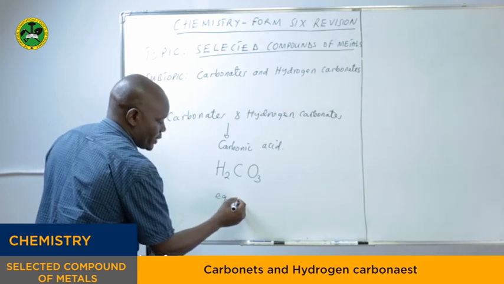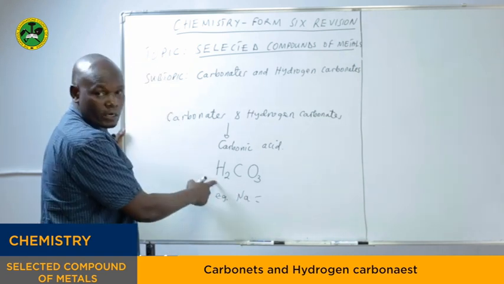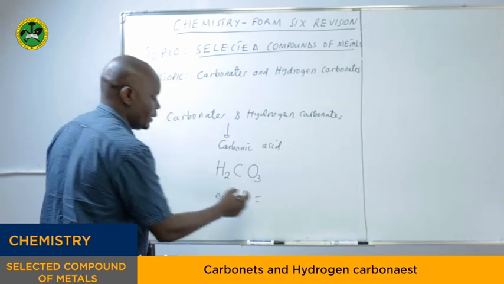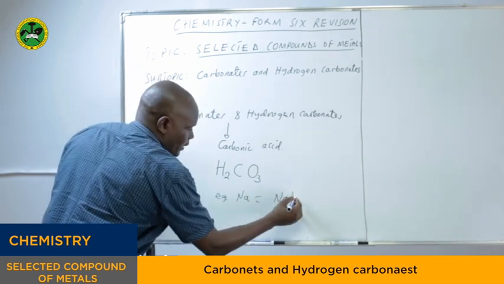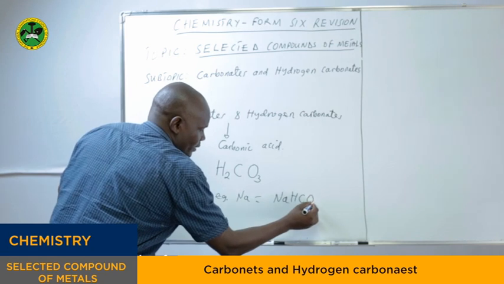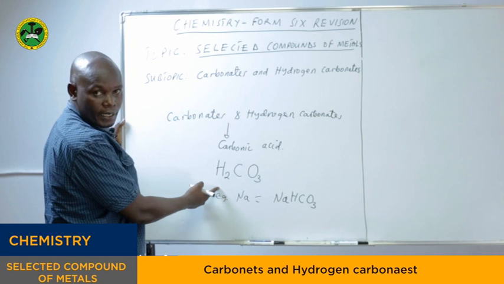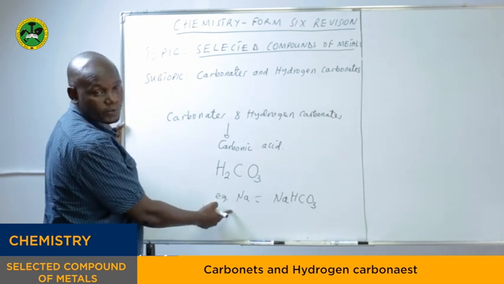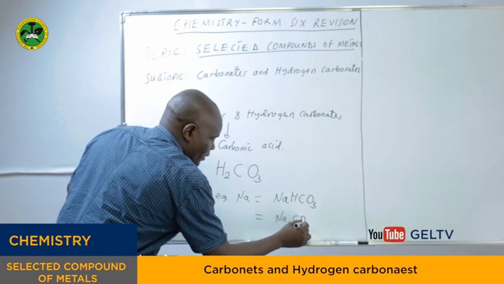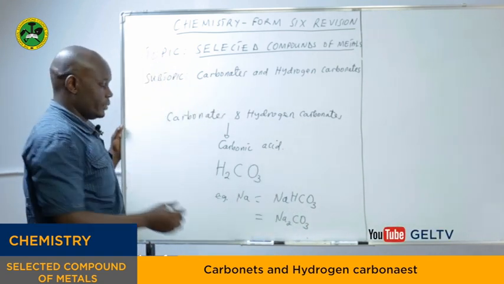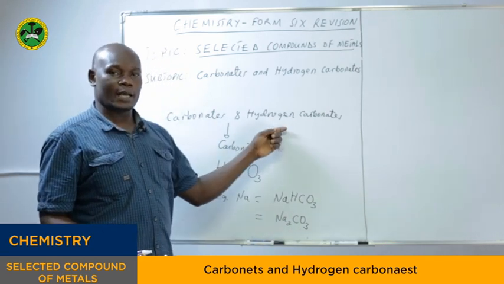Taking an example of sodium, if sodium replaces one hydrogen in this carbonic acid, one hydrogen remains, and it will be sodium hydrogen carbonate. But if both hydrogen atoms are replaced by sodium, then it will be sodium carbonate. So this is what we call carbonates and hydrogen carbonates.